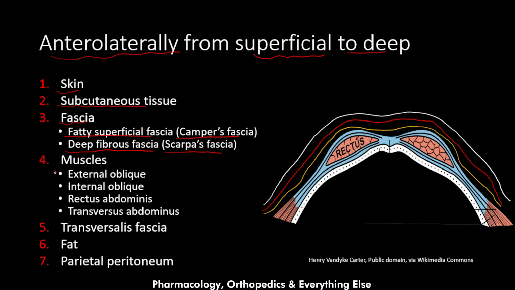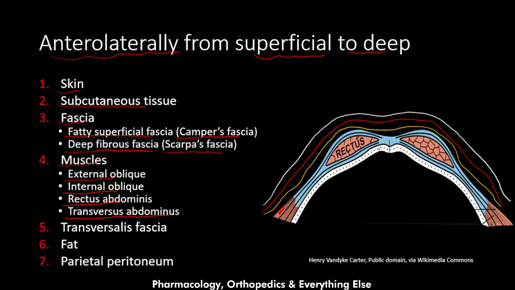And after the fascia, we have the muscles, which are the external oblique, the internal oblique, the rectus abdominis, and the transversus abdominis muscle. So the most superficial muscle of those four is the external oblique, and this is it right here.